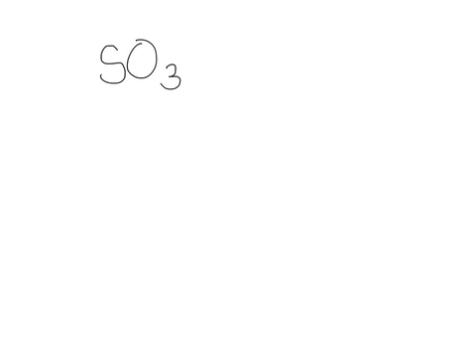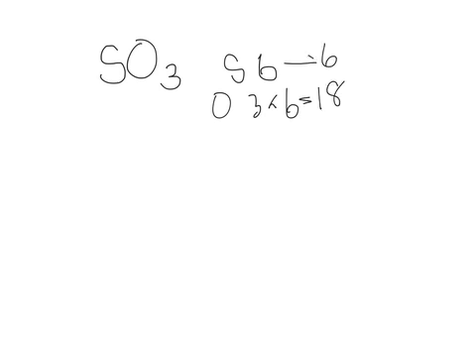Obviously, S and O, they're in the same group, so they have 6 valence electrons. So for sulfur, we have 6 valence electrons. For oxygen, we're going to have 3 times 6, or 18 valence electrons. So if we total those up, that's going to be a total of 24 valence electrons.